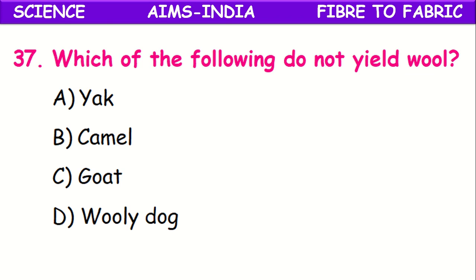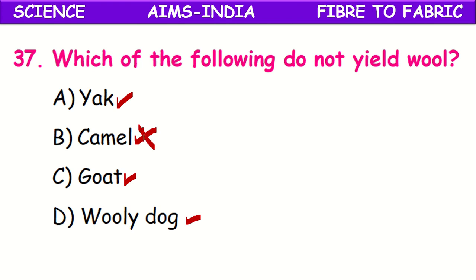Next, which of the following do not yield wool? Generally, from certain animals' hair, wool is obtained: yak, camel, goat or sheep, and even woolly dog. This all gives. Okay, camel also will give.